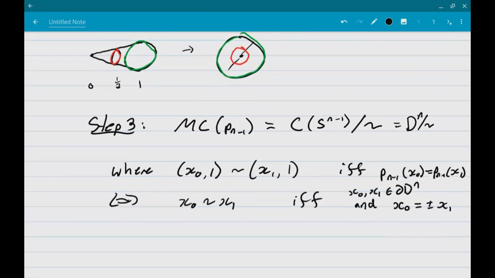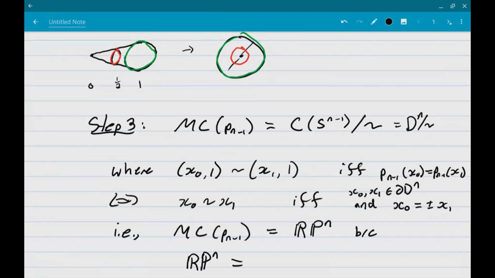So you're saying that x0 is equal to plus or minus x1, right? But this is exactly, i.e., the mapping cone, sorry, not the mapping class, the mapping cone of P_(n-1) is exactly equal to RP^n, because RP^n is exactly equal to the disk mod the antipode map on the boundary.